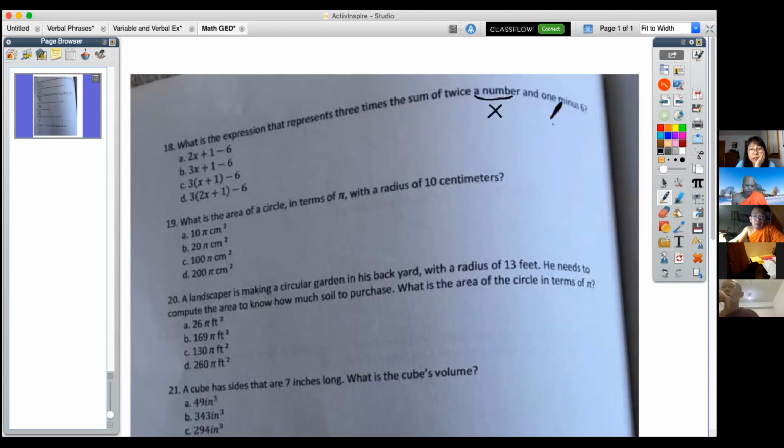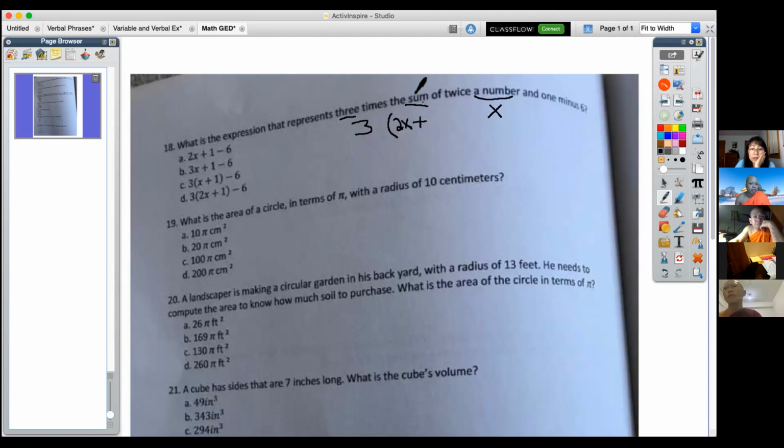Okay. X. So D. 3 times. Okay. 3 times. So 3 multiply. So it's not going to be A. The sum means you're adding twice a number. So that'll be 2x.